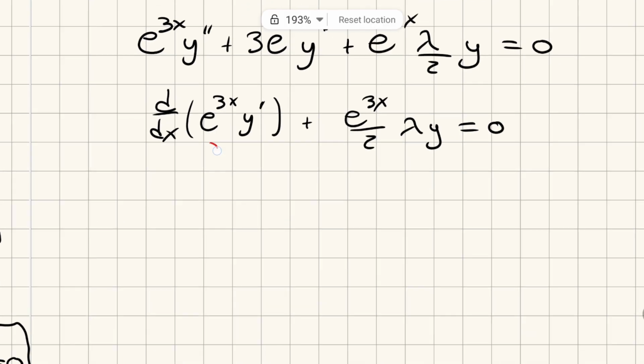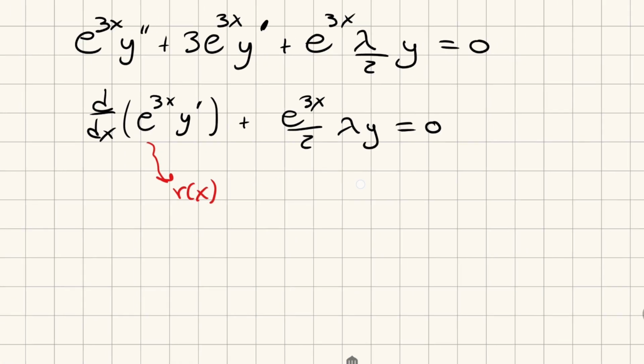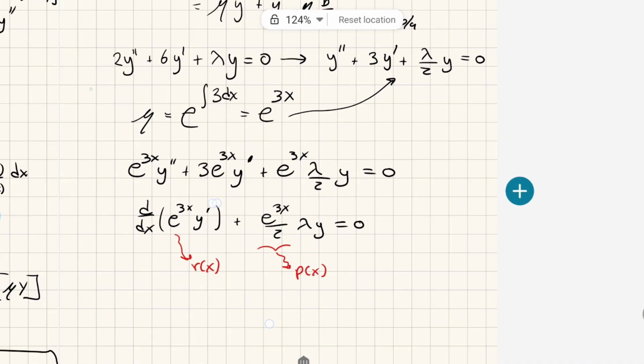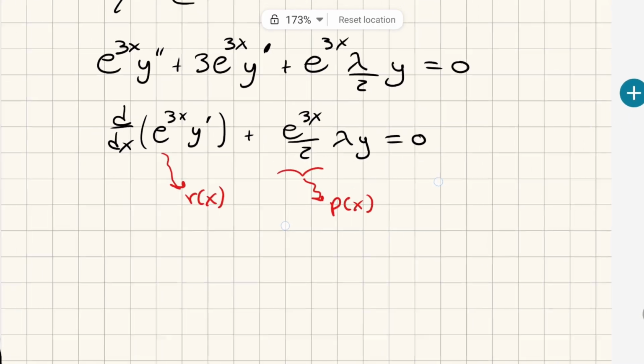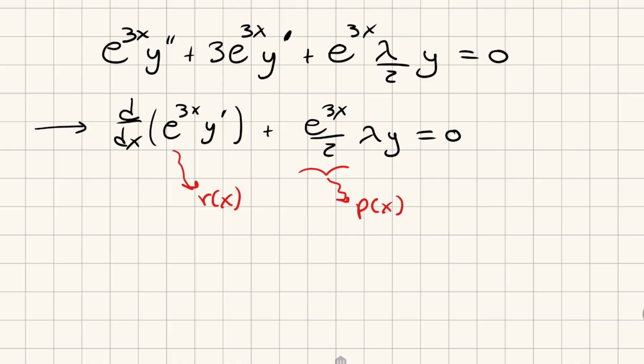We can identify this as the function r of x that we were talking about in the first lesson of the Sturm-Liouville problem, and this can be identified as the function p of x. So you can see that this second order differential equation now has the structure of the Sturm-Liouville problem.